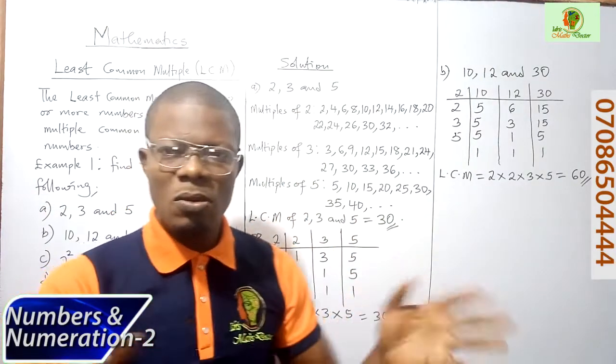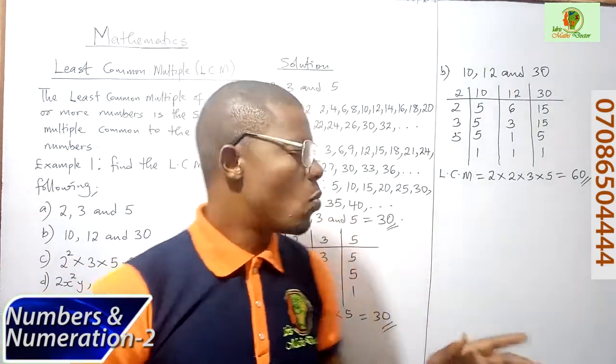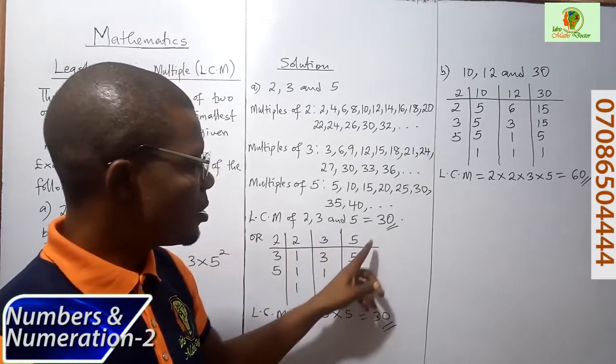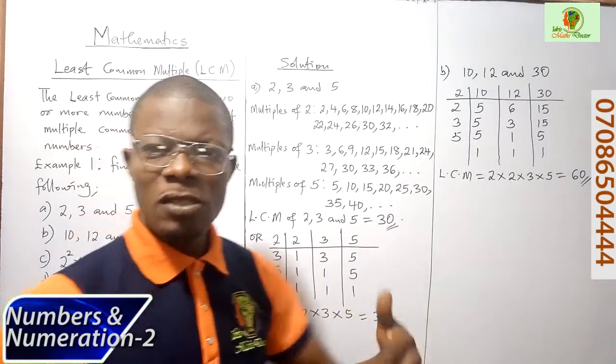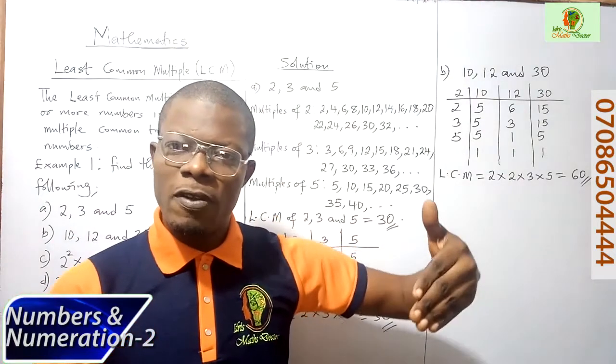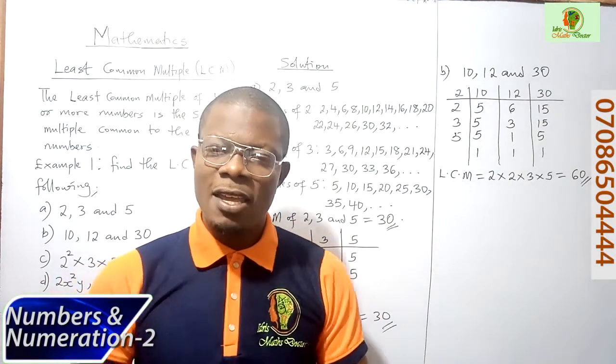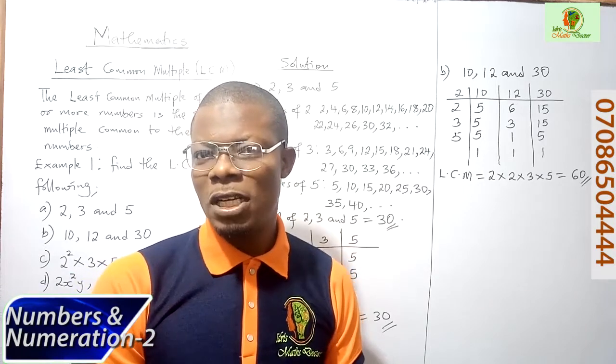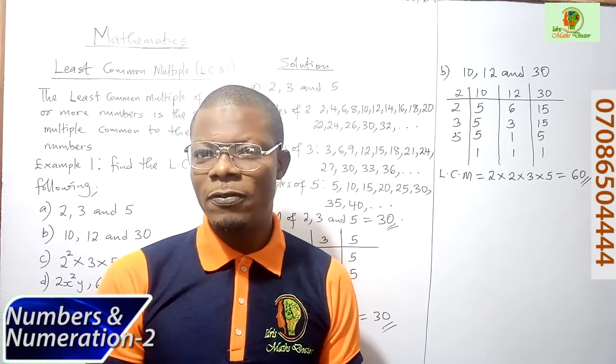No, don't stress yourself. Once you get the LCM, for instance, the LCM of this is 30, just list the multiples of 30: 30, 60, 90, 120, 150, and so on.